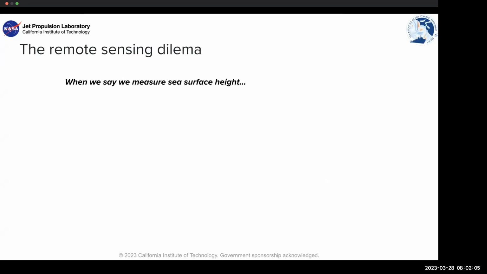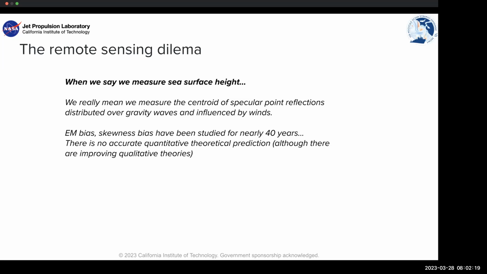So here's my experience talking to theoretical scientists. They say they measure sea surface height, and that's a very mature technique. And when we say that, what we really mean is that we're measuring the centroid of specular point reflections distributed over gravity waves and influenced by winds.